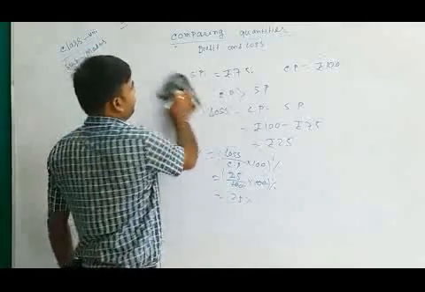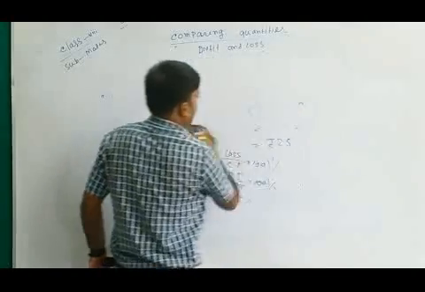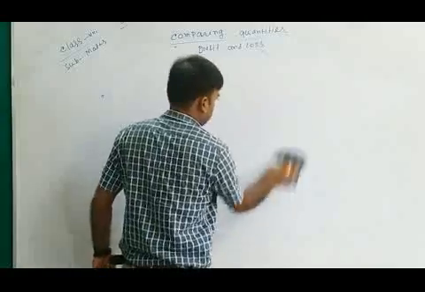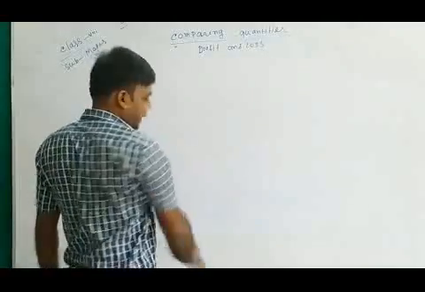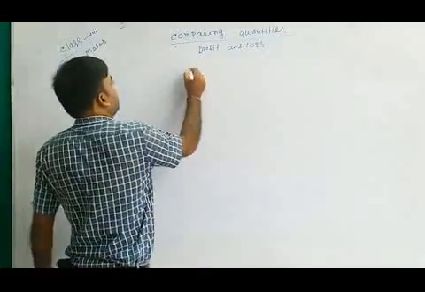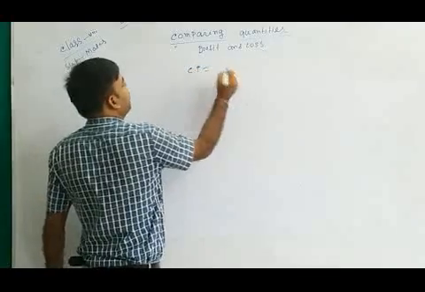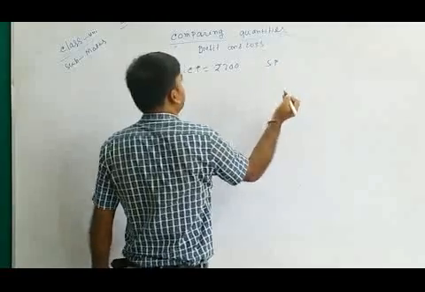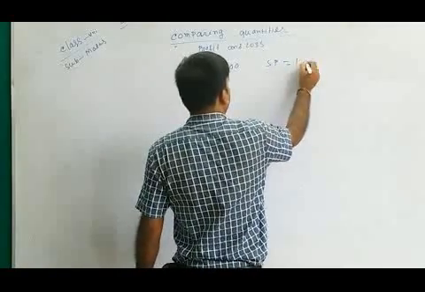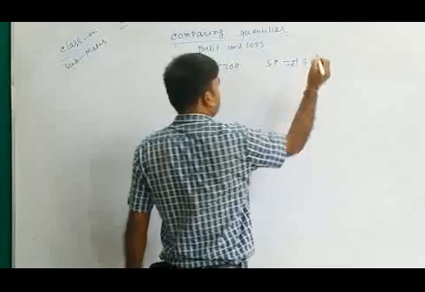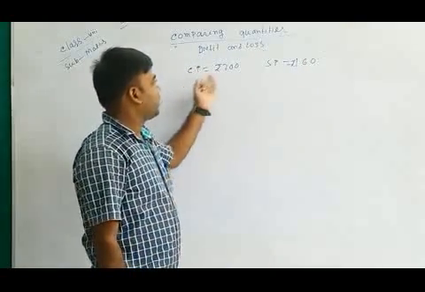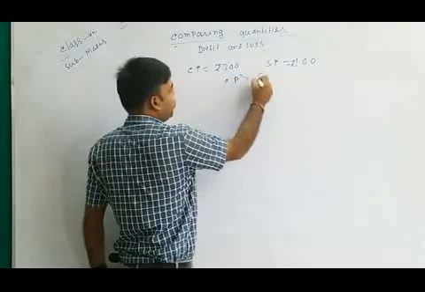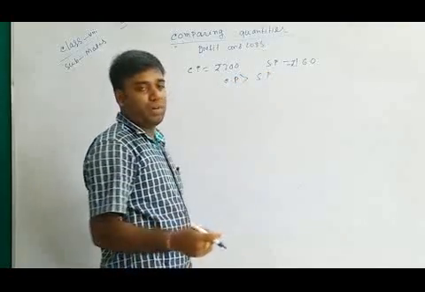Another example. CP equals rupees 200 and SP equals rupees 160. Looking at CP and SP, CP is greater than SP, so we suffered a loss.